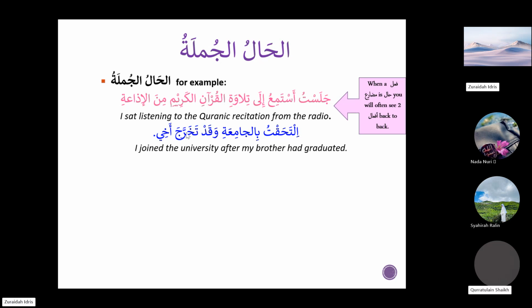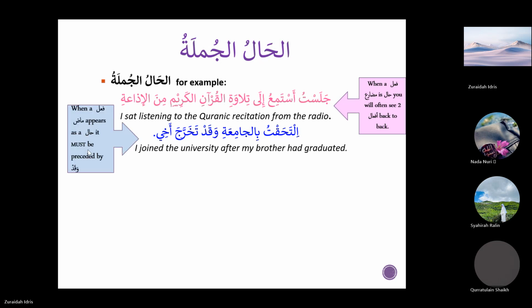Why? Because ta and shadda are additional. So this is madi. And when it is madi, if you want to use it as a hal, it must be preceded by waqad. This is the rule, so we need to take note of that.